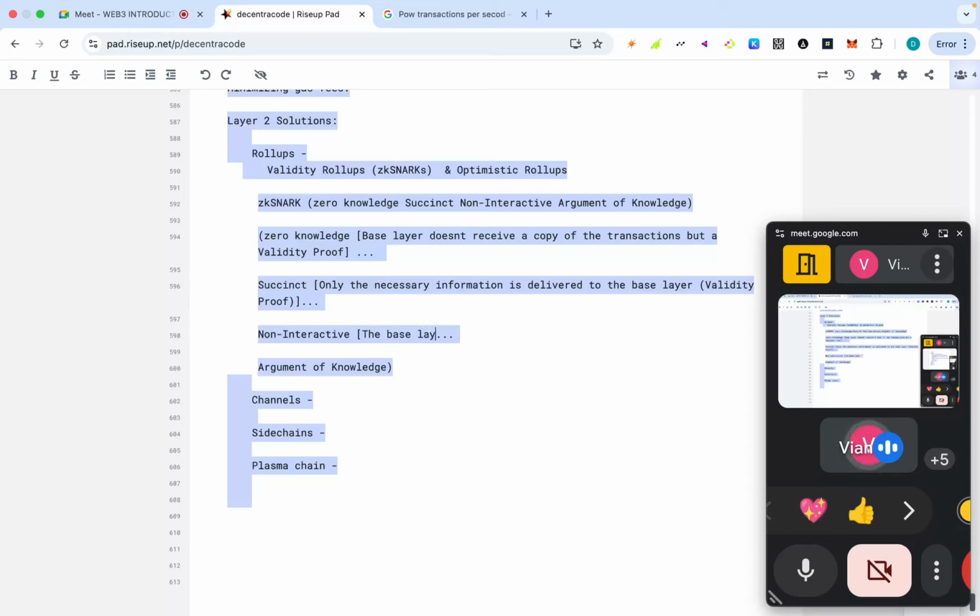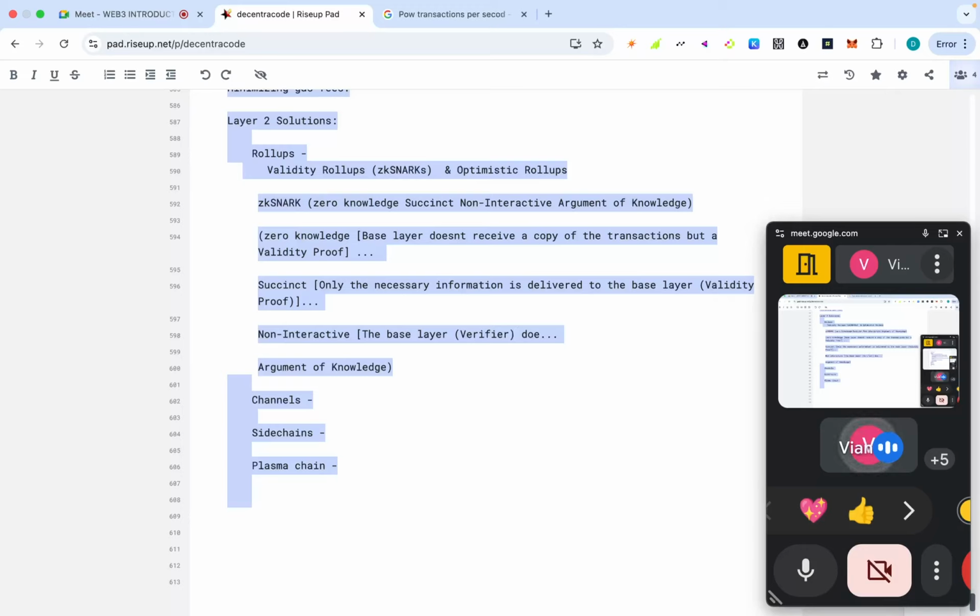the base layer, in this case, is the verifier. A verifier is someone who has to prove that something is true.